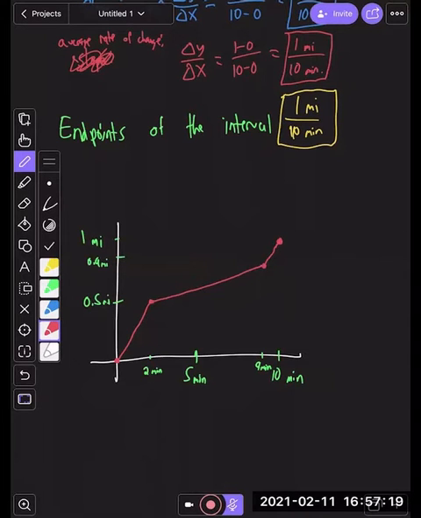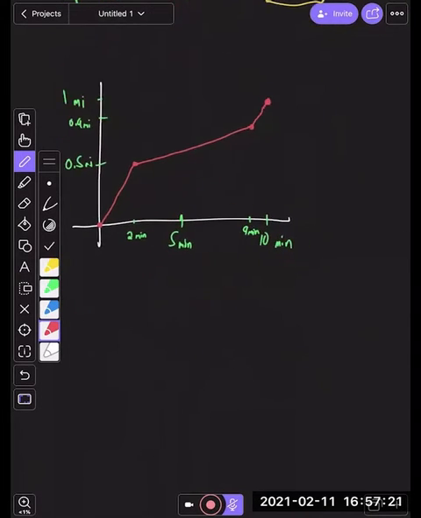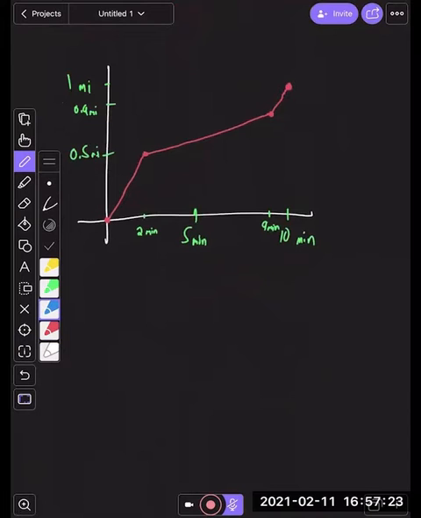What I'm wondering here is, where is my average rate of change the highest? In other words, when am I going the fastest?